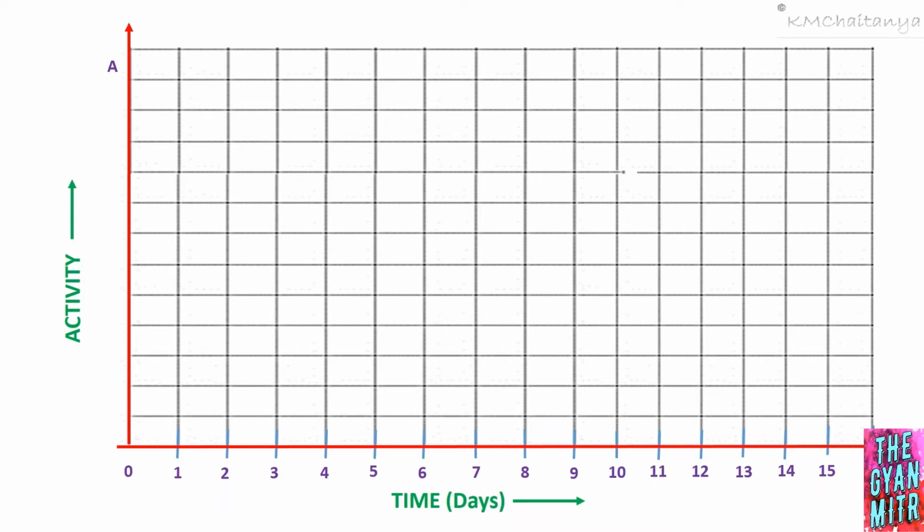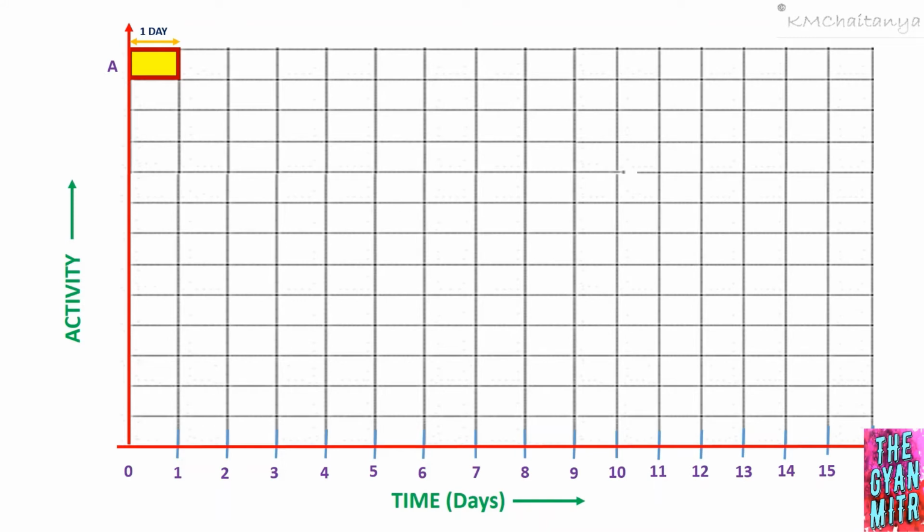Therefore in the problem we have only one activity, that is activity A, which is the first activity, and the duration of activity A is 1 day. Therefore we are going to represent activity A like this. So this is how we represent activity A in a Gantt chart.